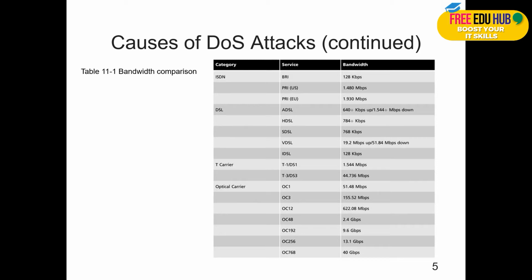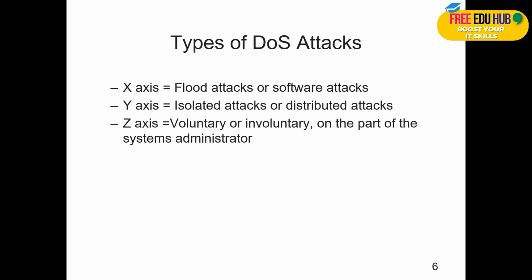Then T1 carrier, we didn't see it in the Middle East. It's 1.5 Mbps to 44 Mbps, and the optical carrier is going up to 40 Gbps. So these are different kinds of connection types.